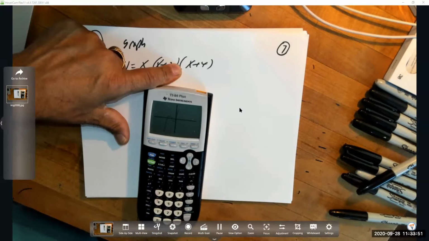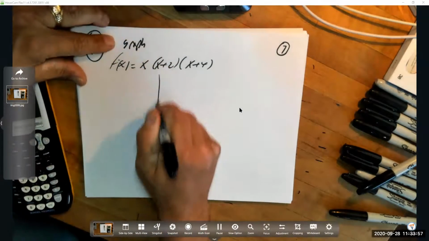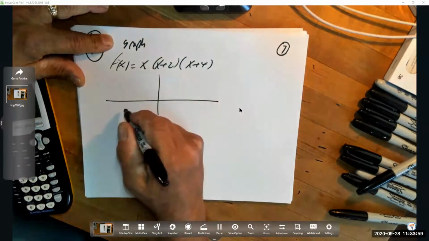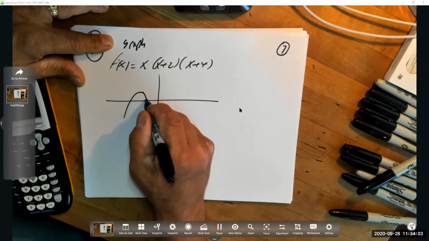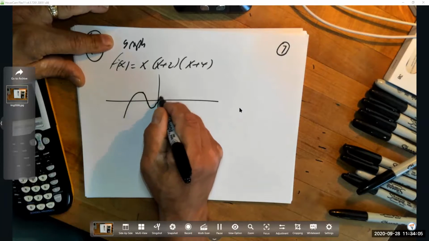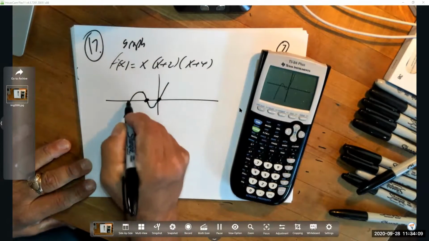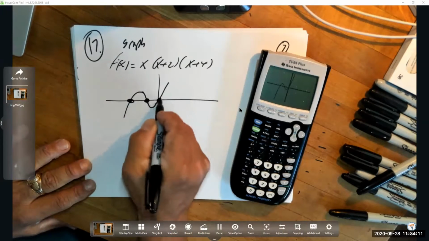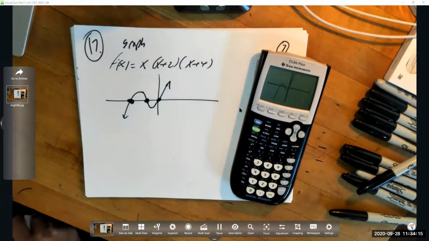Okay. Well, looks like I got this. It goes up, it goes back down. It goes through there. I got something like that. It hits that spot, and that spot, and that spot right there. It goes this way. Y'all get a curve like that? Yes.